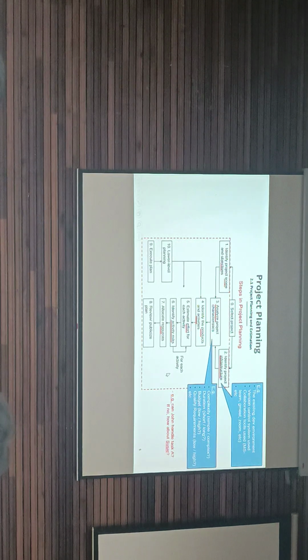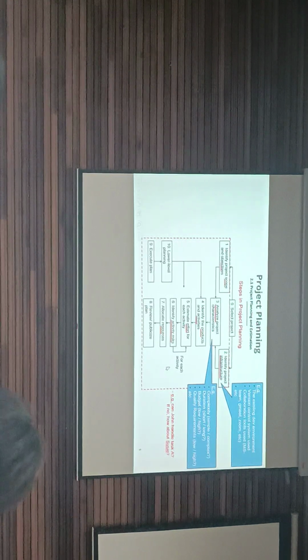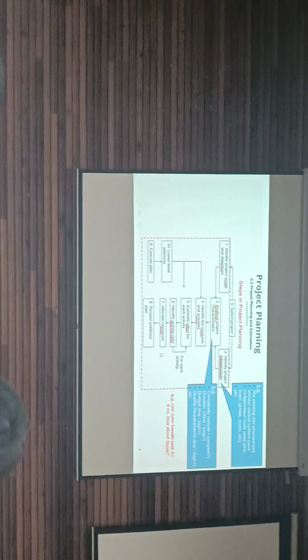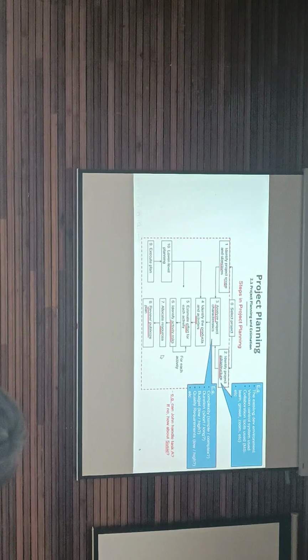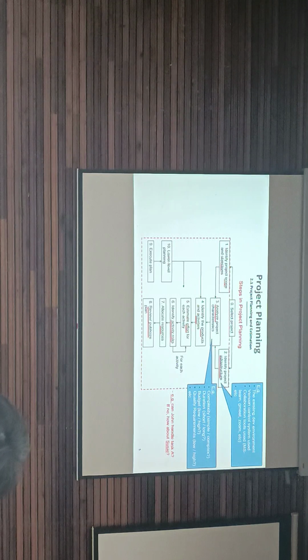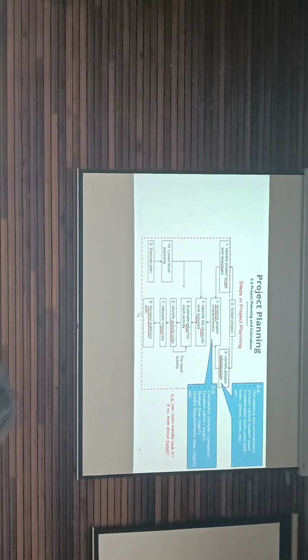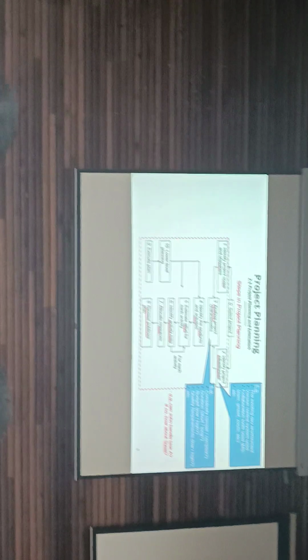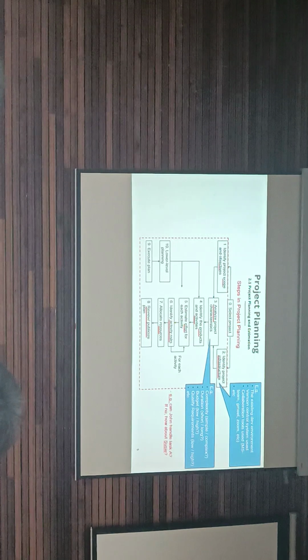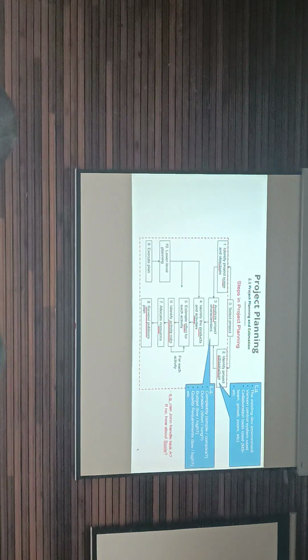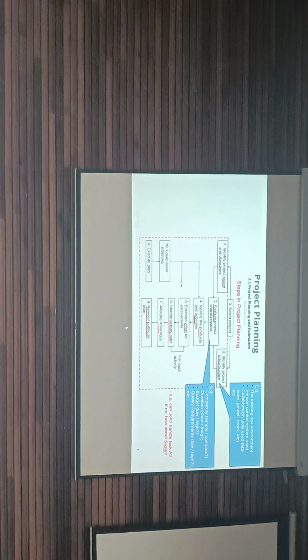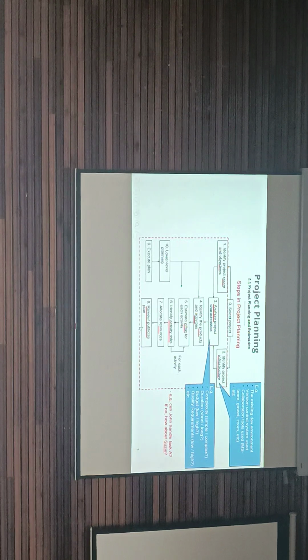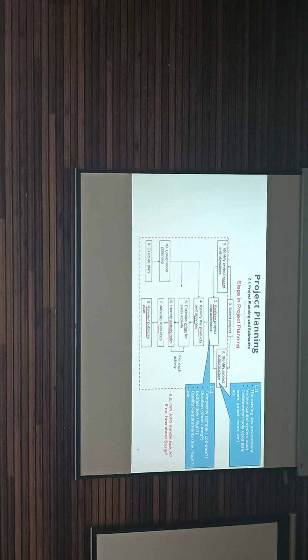So identify activity risks for each task. Then allocate resources. Put people to work on the task. Review or publicize the plan. Once you have completed your project plan, look at it again, review, go through what you have planned. If you are happy with the plan, publish the plan. So you don't keep the plan for yourself.